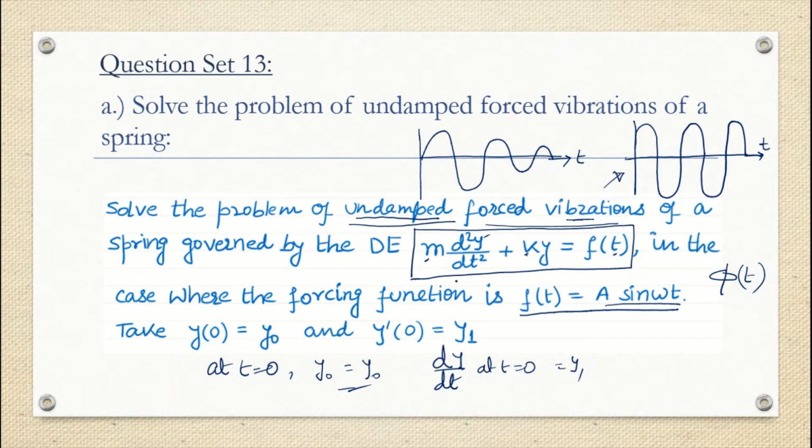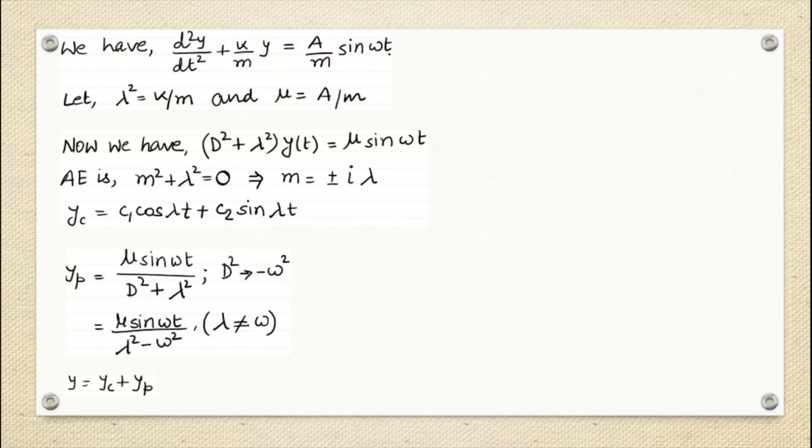Now we will see how to solve this differential equation. We start with the given differential equation, and we divide the complete equation by m to keep it in a simple or standard form. So we write d2y by dt square plus k by m y equals a by m sine omega t.